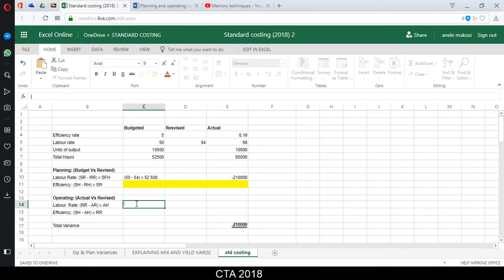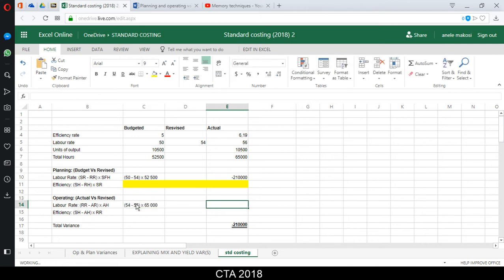Let me write it. It's going to be 54 minus 56 multiplied by 65,000. What do we have? So we have 54 minus 56 multiplied by 65,000.